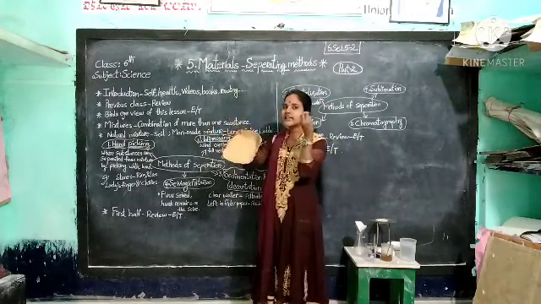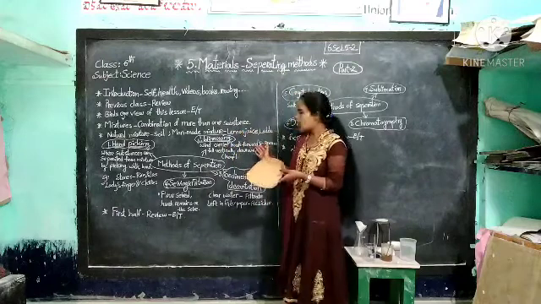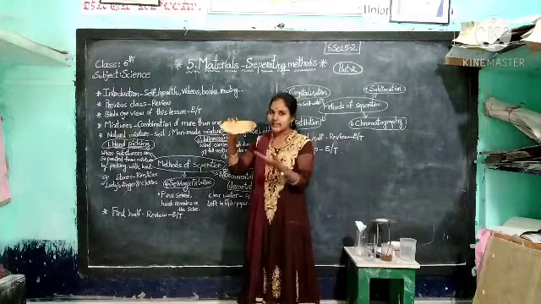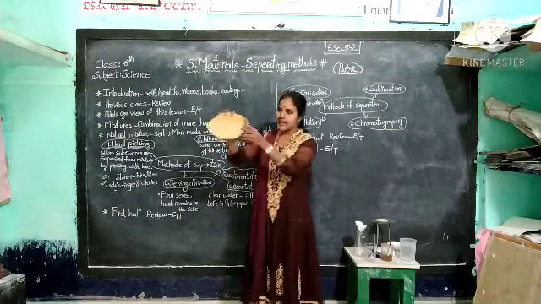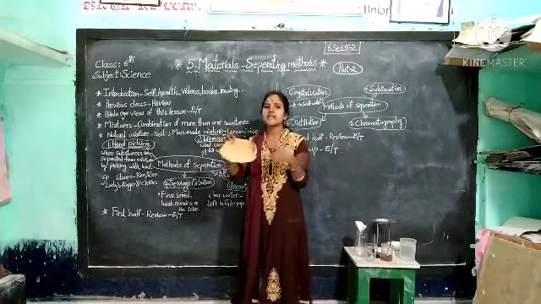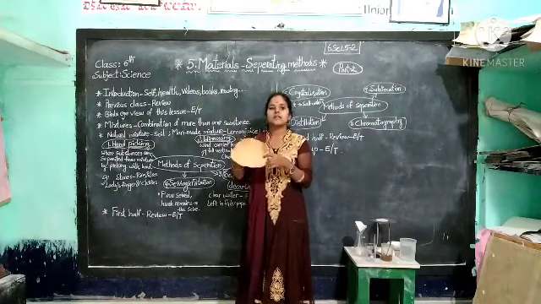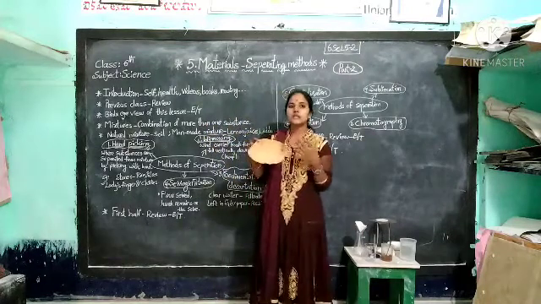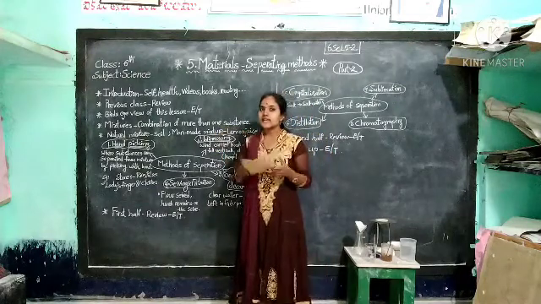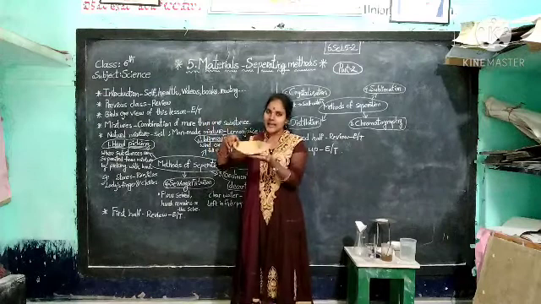Yes, the wind carries the husk forward, and the grains fall vertically downwards. They do it like this in your villages also. I think you have seen this method. The farmers use this method to get the grains. They use the flat pan like this.